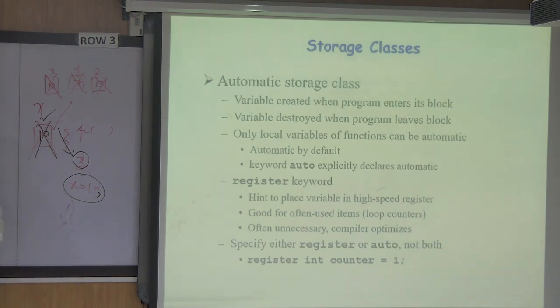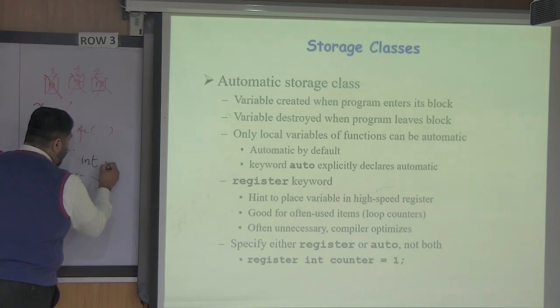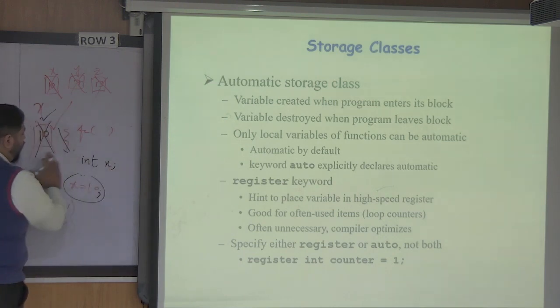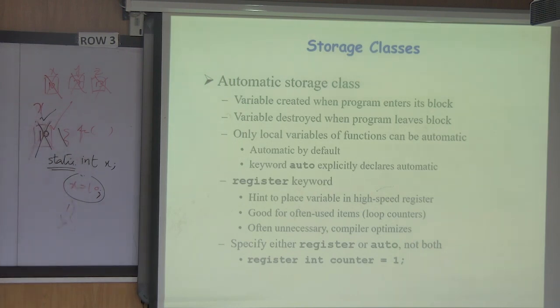ये आपकी रिक्वायरमेंट हो सकती है कि वेरिएबल डिस्ट्रॉय ना हो, इन सिंपल वर्ड्स ये मेमोरी में स्टे करे. So if you want a variable to stay in the memory, you normally declare x like this. If you want it to stay in the memory, you just have to prefix it with the keyword static. That's it.